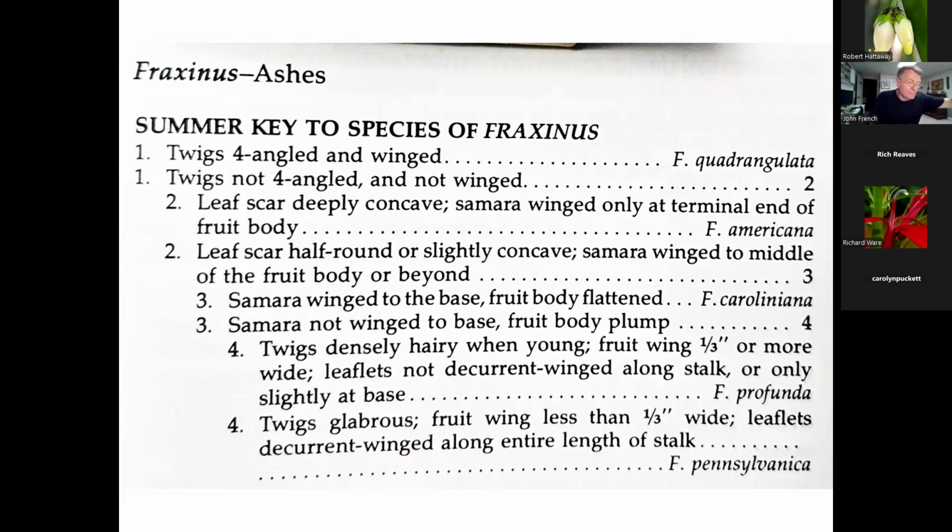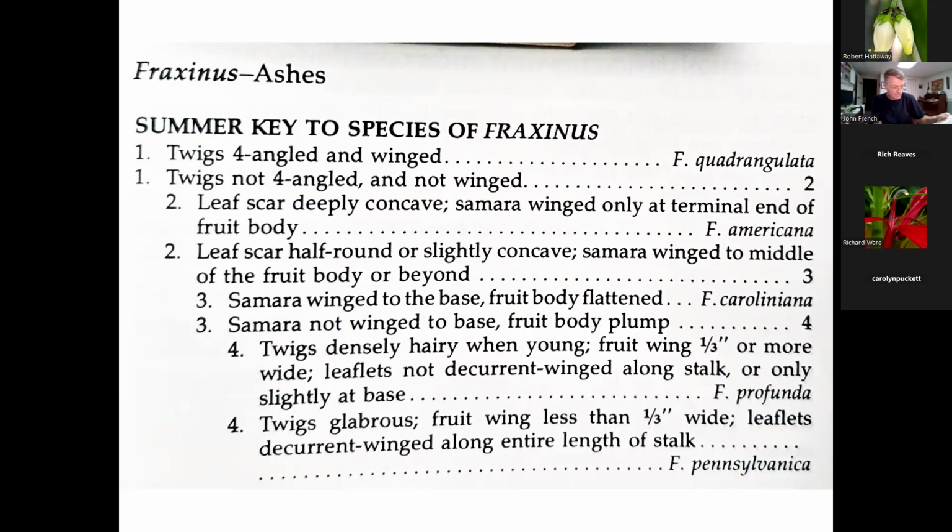Pennsylvanica is supposed to be almost flat across the top. The leaf scar is almost flat or just slightly indented, and it's more like a shield-shaped leaf scar on Pennsylvanica. Of course, I'm not very familiar with it. I have some leaf pictures of one of those from South Georgia.